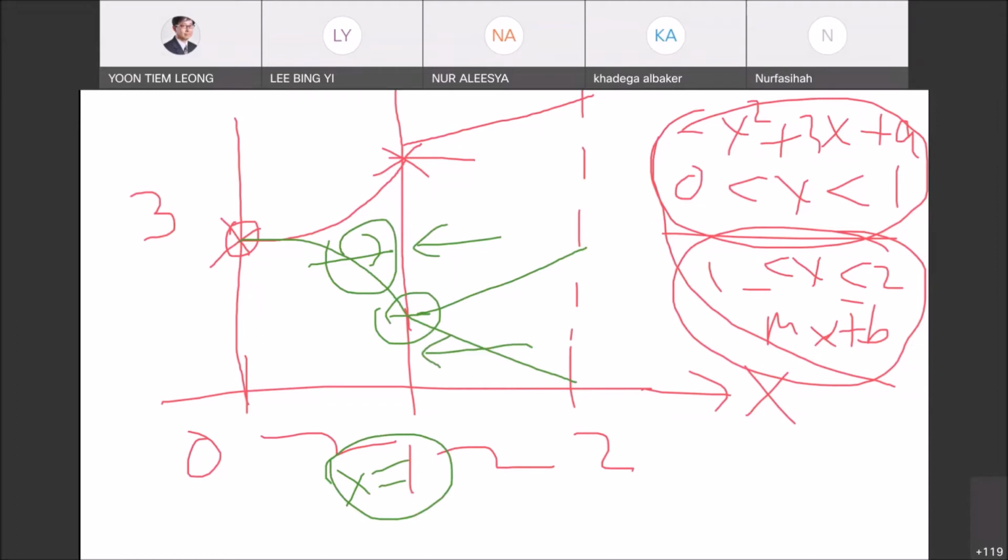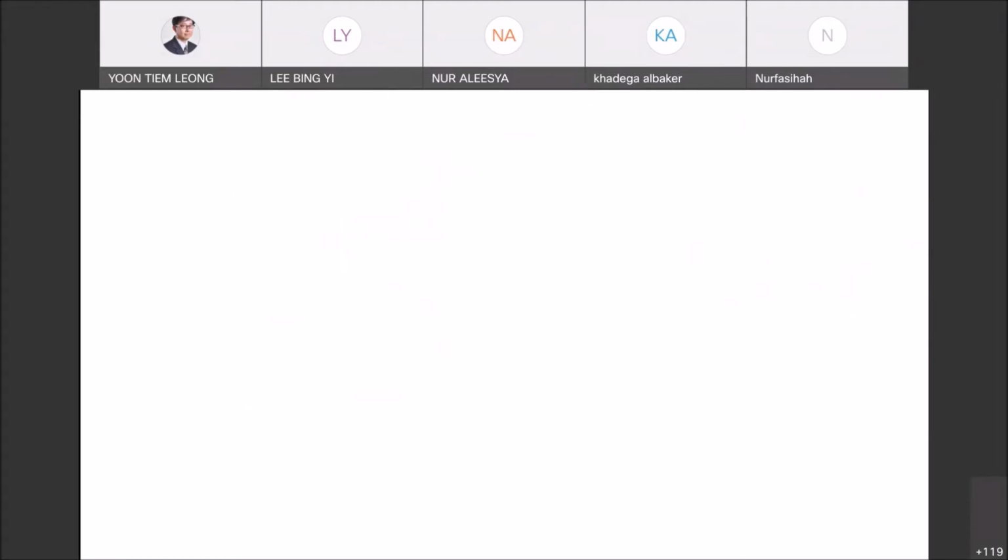So this is an absolute requirement in order for the piecewise function to be continuous. Now, once you understand this idea, then you should be able to complete the question of what are the values of a, b, and c. Right? So let's see how you do that.